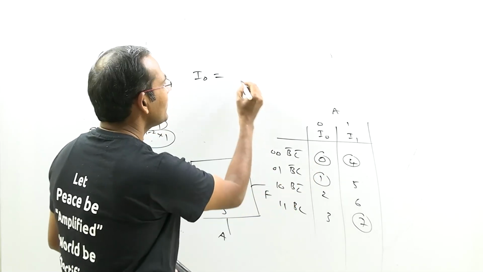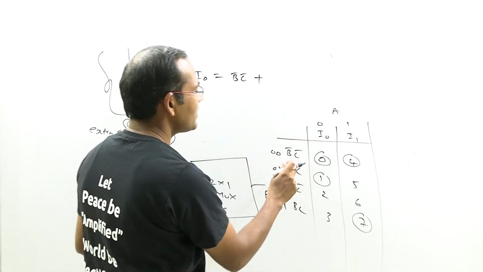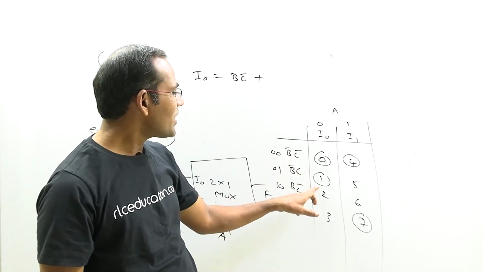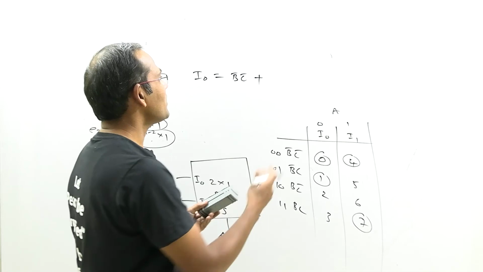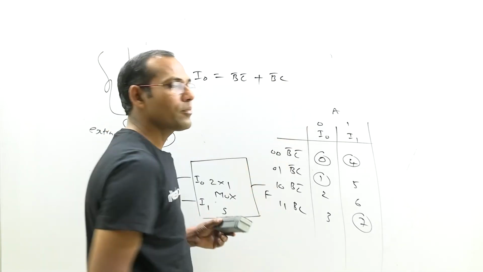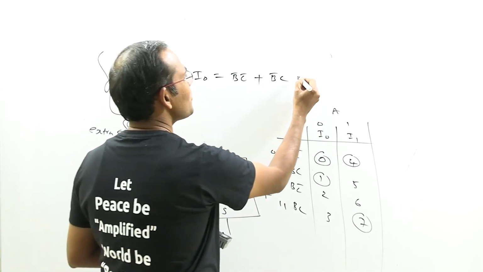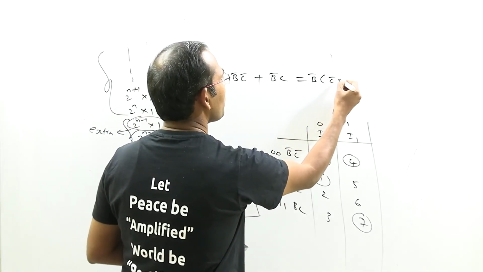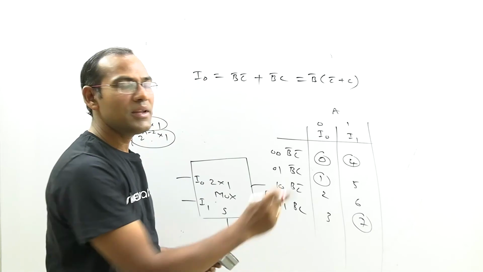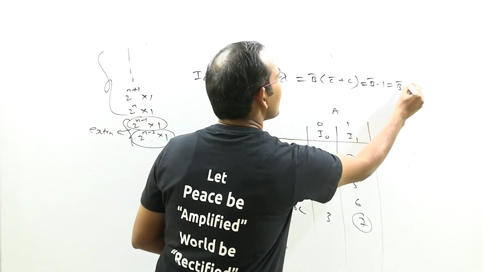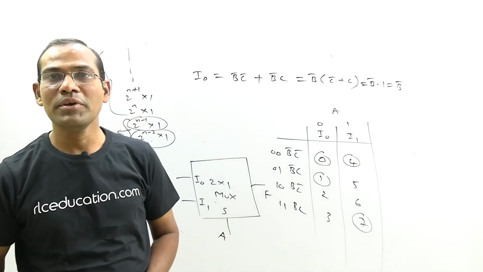That's why B bar C bar, take this term. Take the corresponding row. And this is also circled. So write that one also. B bar C bar plus B bar C. We can simplify these two terms. B bar is common. So C plus C bar is 1. So after simplification, it will be B bar.